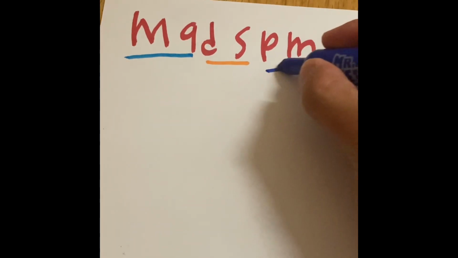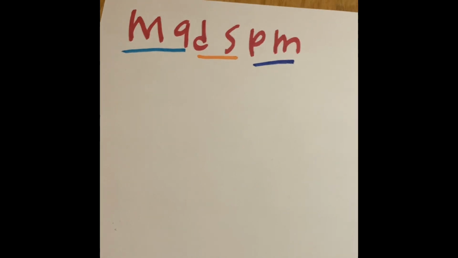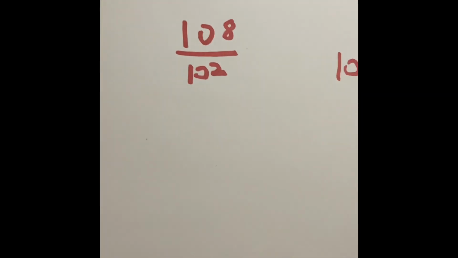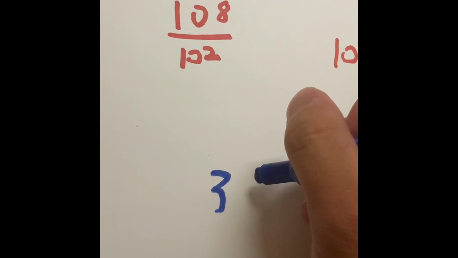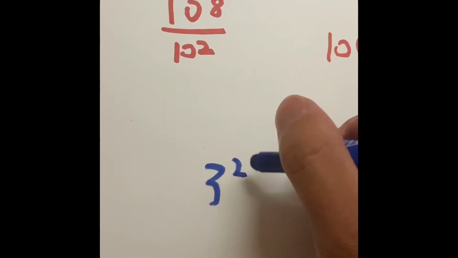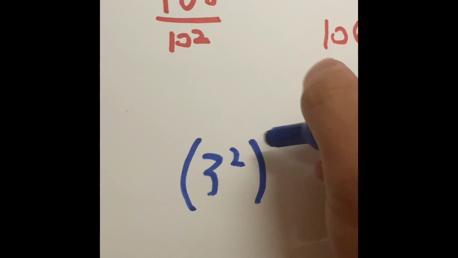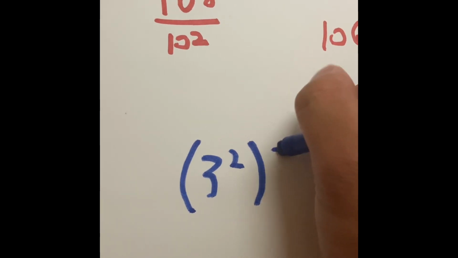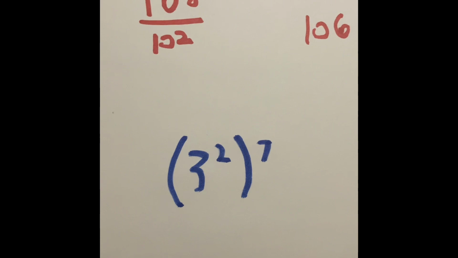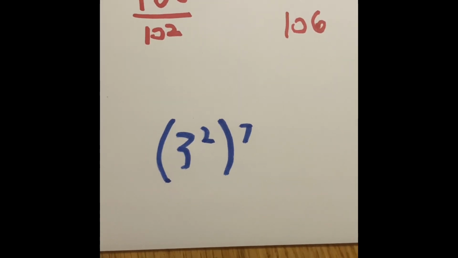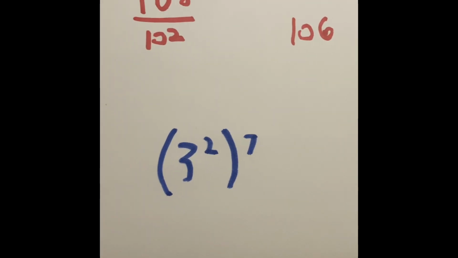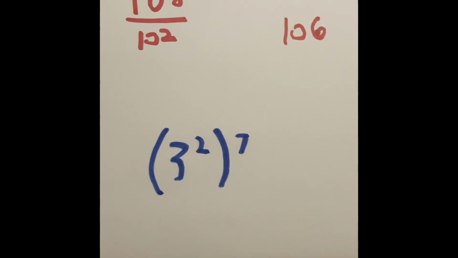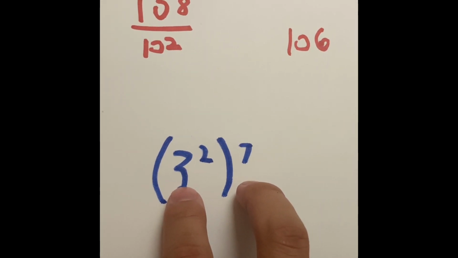PM, as two letters, is very confusing, and it's the most confusing out of all of them. What it's saying is, when you are raising a power, you're actually doing multiplication, which could be confused with the other letter M. Here's an example. We have 3 to the 2nd power, and then we raise it to, let's say, the 7th power. When we're trying to raise a power to make it more powerful, instead of adding or subtracting, we have to multiply them.